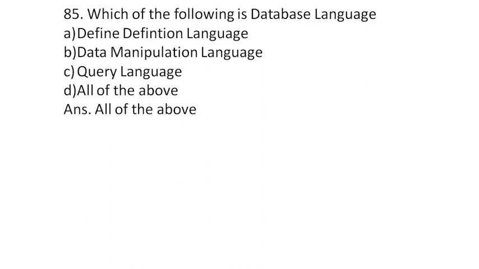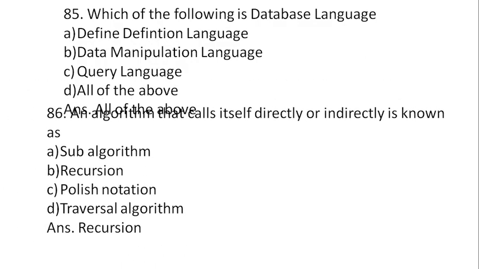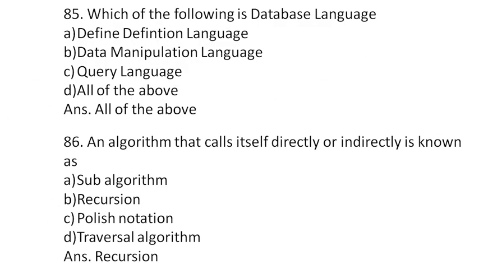Answer: all of above, meaning option A data definition language, option B data manipulation language and option C query language, all three. Next, an algorithm that calls itself directly or indirectly is known as. Answer: recursion.